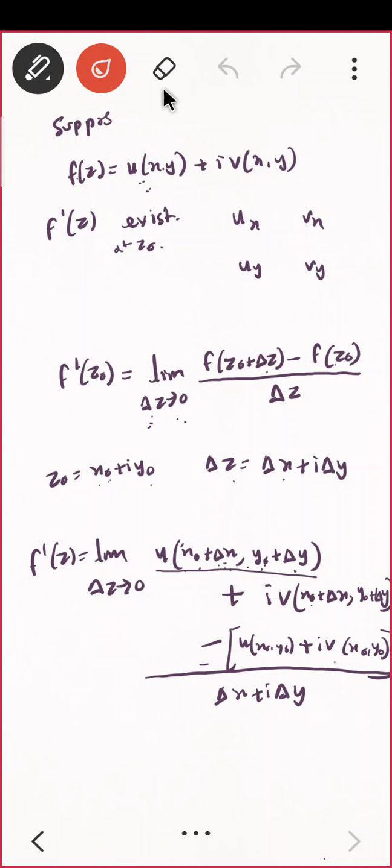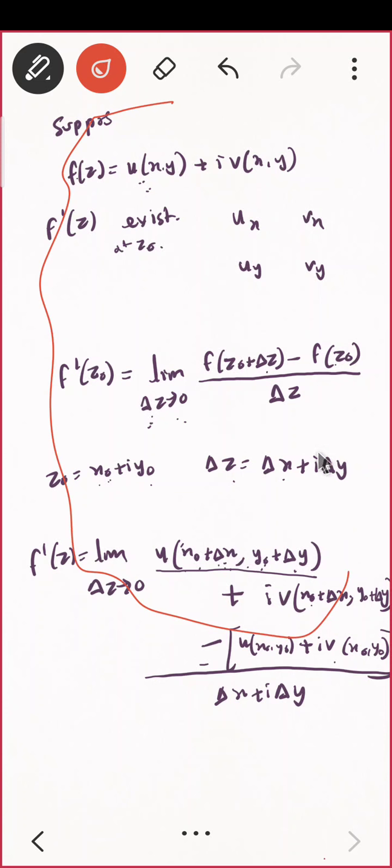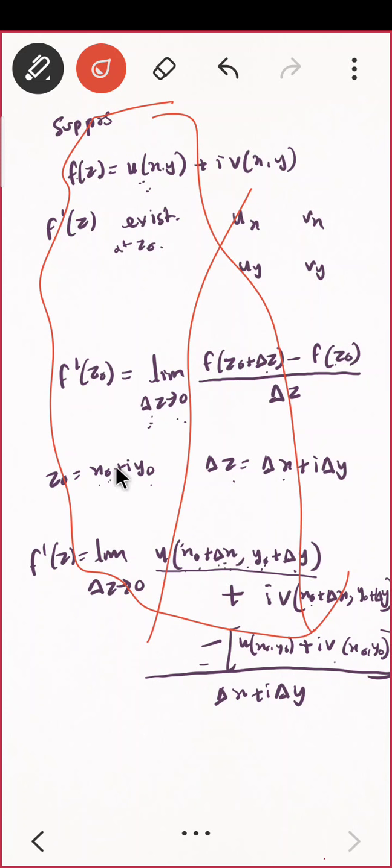Forget about this, it is not part of our proof.